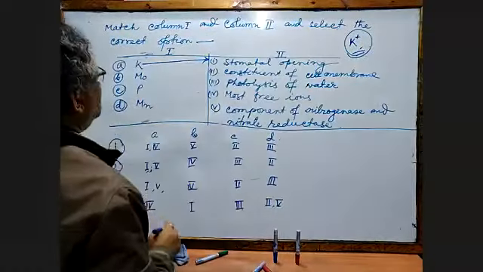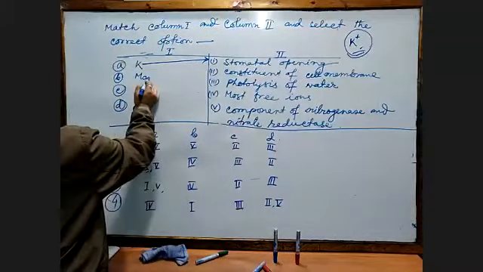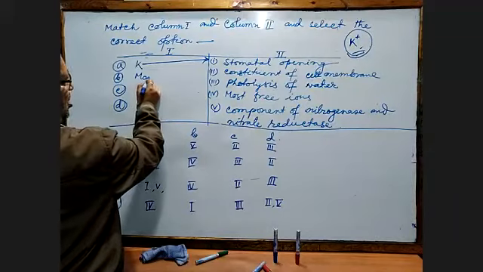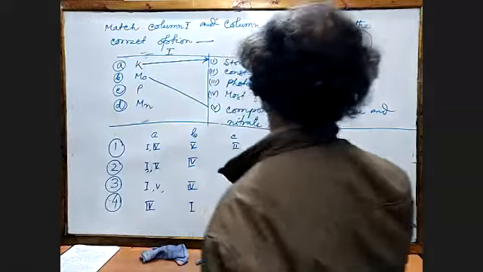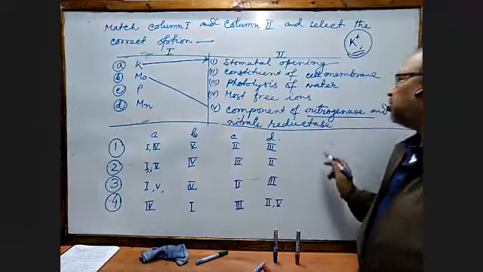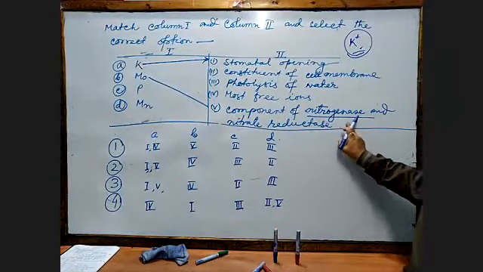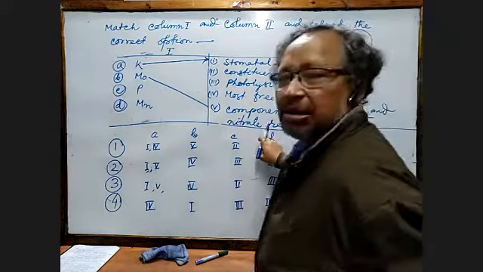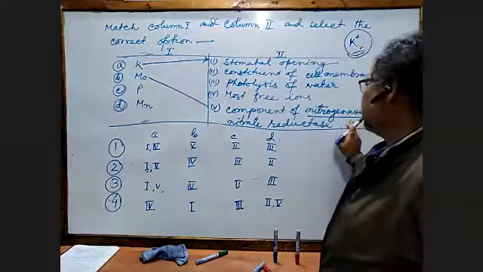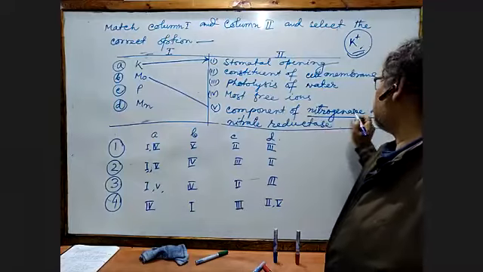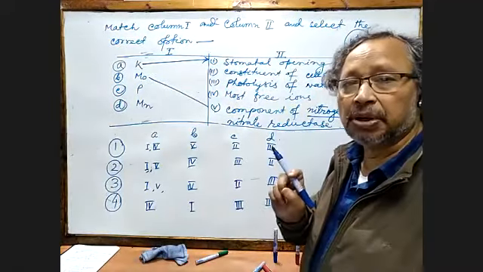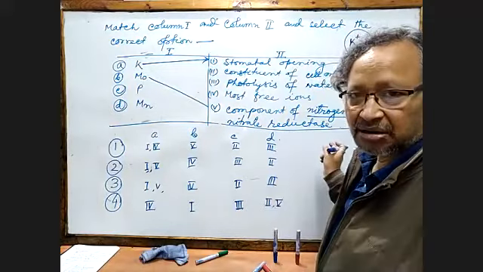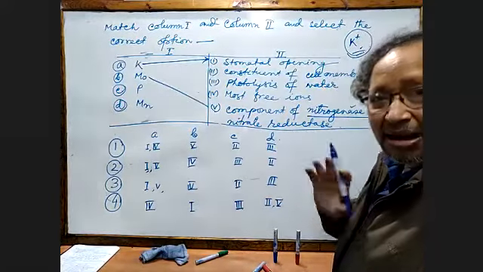Molybdenum is a very important component of the enzyme nitrogenase. Nitrogenase and nitrate reductase are enzymes. Particularly nitrogenase contains molybdenum and iron.